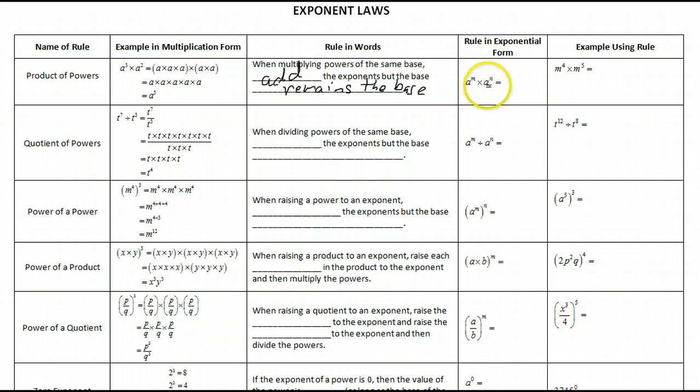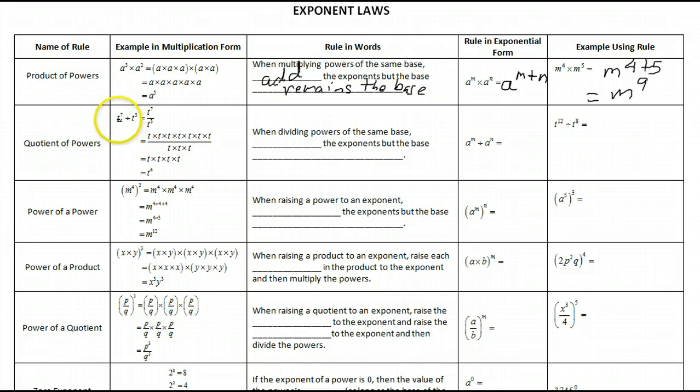So a to the m times a to the n is a to the m plus n, right? Add the exponents. m to the 4th times m to the 5th is m to the 4 plus 5, which is m to the power 9.